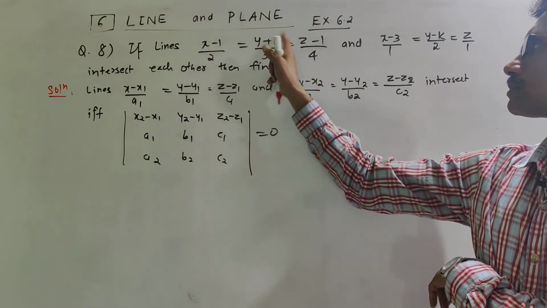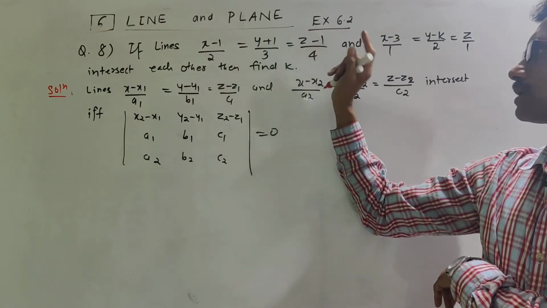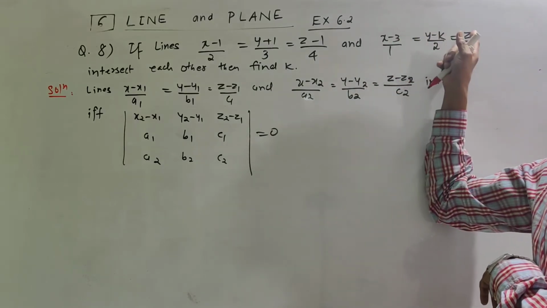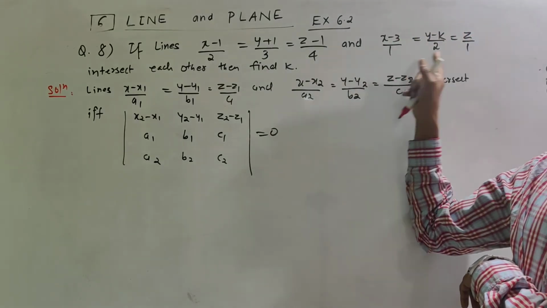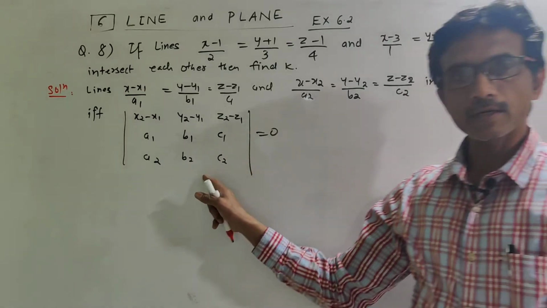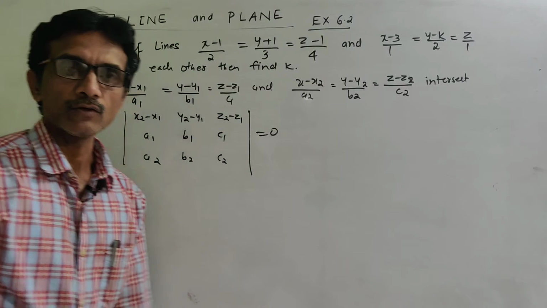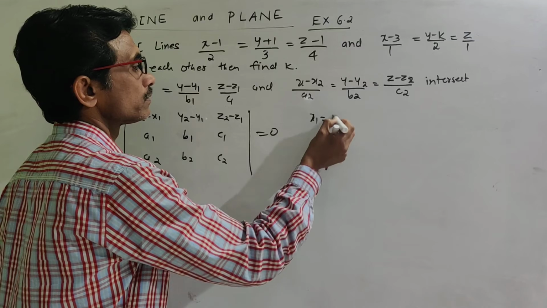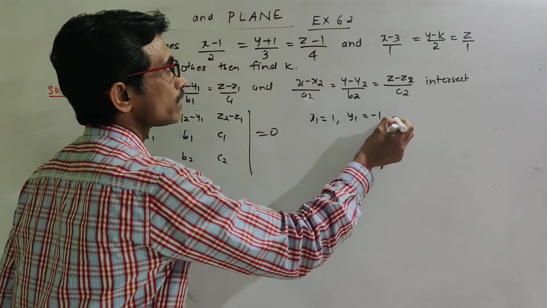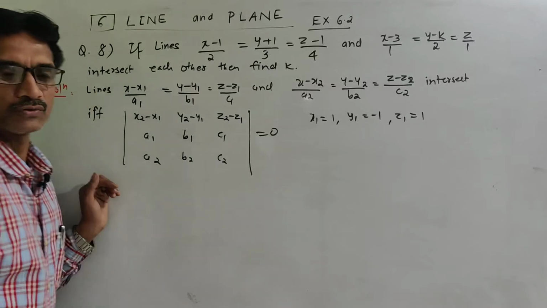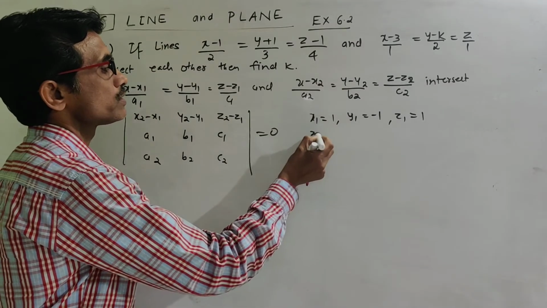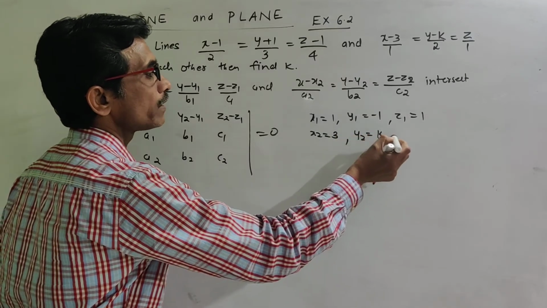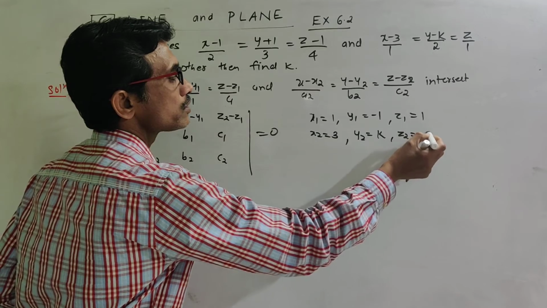यह है x1, इसका negative होगा y1 and ये z1, ये a1 b1 c1, ये x2 y2 and ये 0 z2, ये a2 b2 c2. So we will put in this determinant and will expand and you will get the value of k. So here x1 is equal to 1, y1 is equal to minus 1, z1 is equal to 1, x2 is equal to 3, y2 is equal to k and z2 is equal to 0.